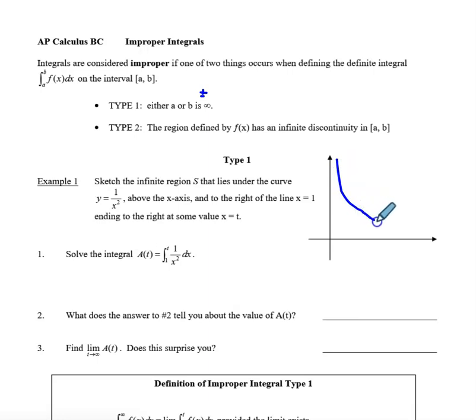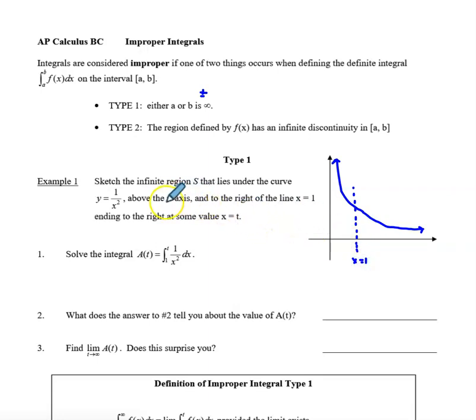I'm not worried about the left side because I'm going to integrate from 1 to t here. So here is the branch on the right side of the y-axis, and then I'm going to have a vertical line here at x equals 1, and I'll label that x equals 1.